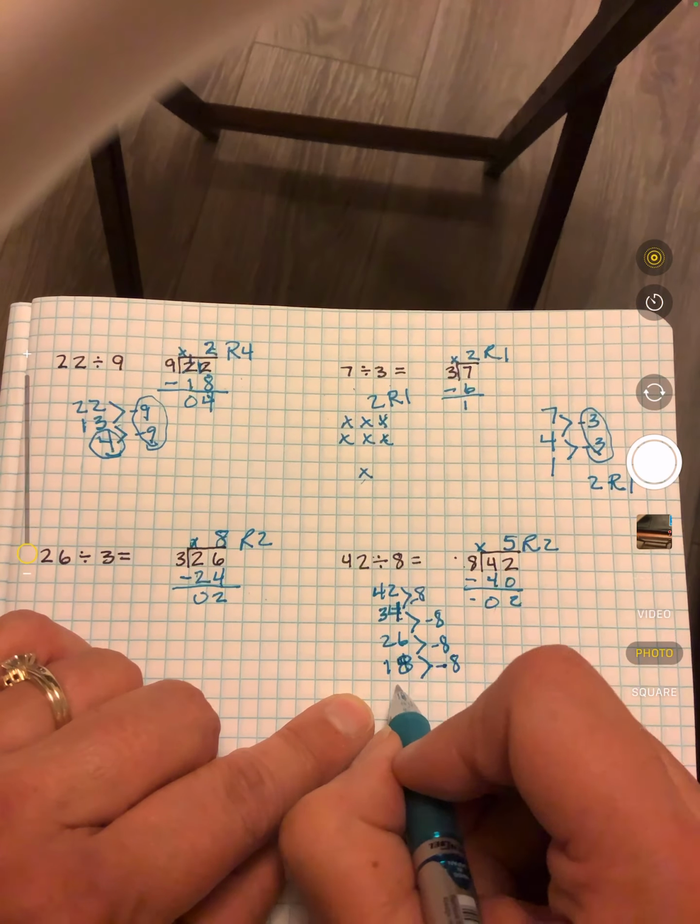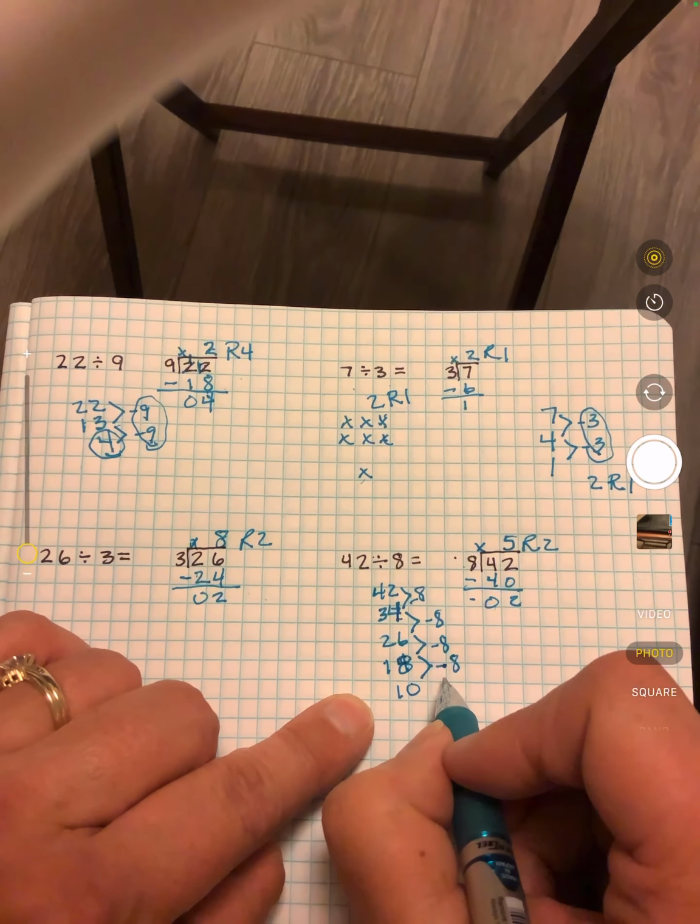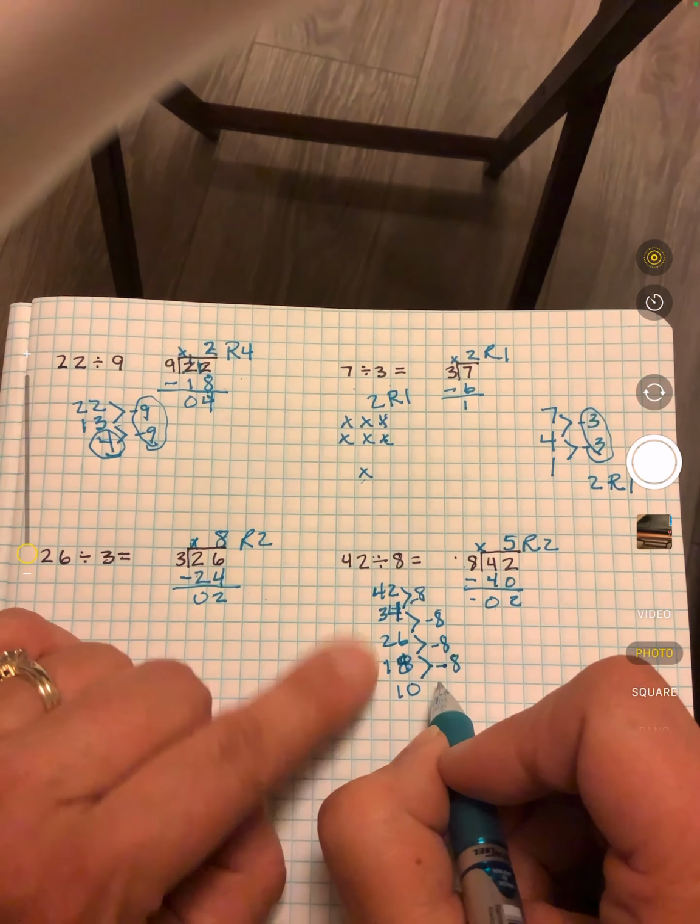Minus 8 would be 10. Oh, something's not working out here, guys. I'm sorry.